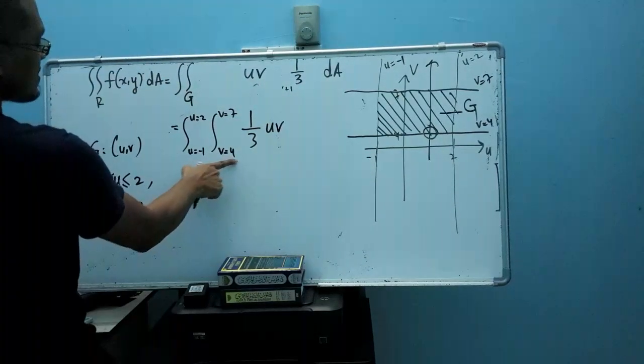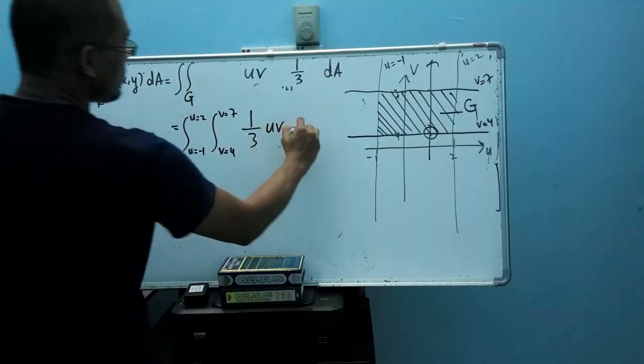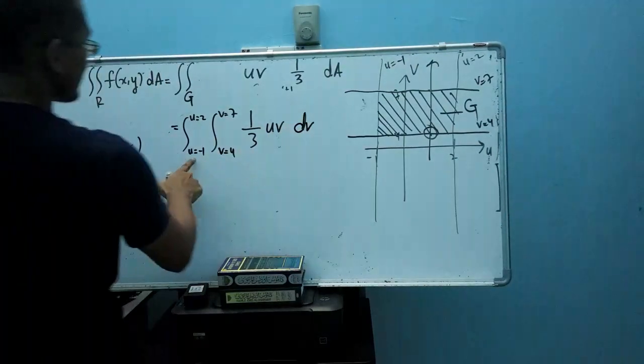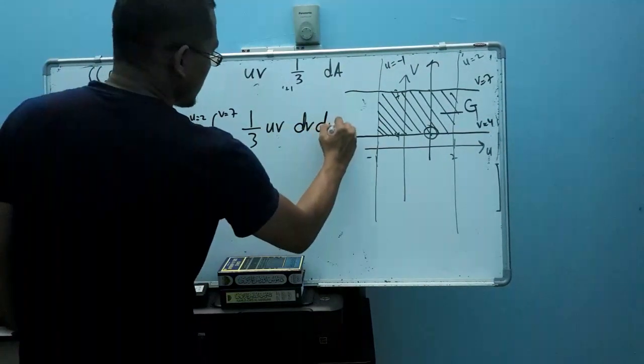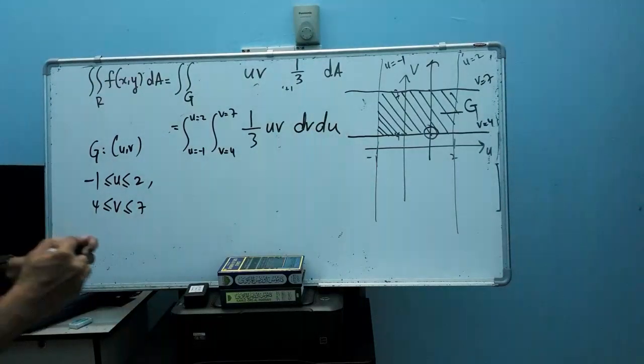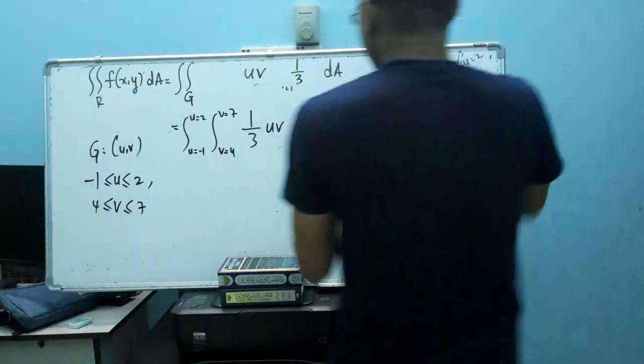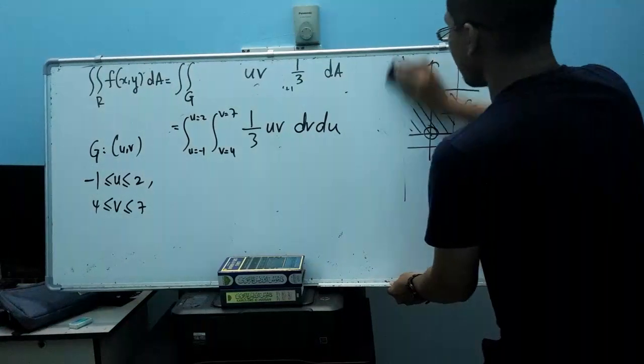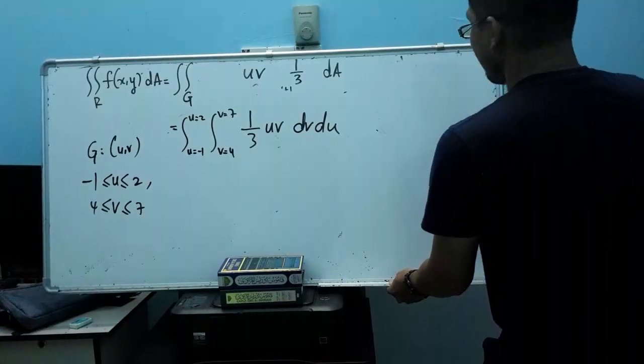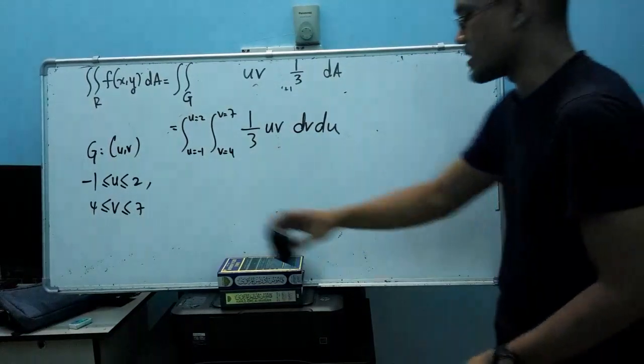Of course the first limit of integration here is with respect to dv, and the second one is with respect to du. So now we only have a simple integration here.